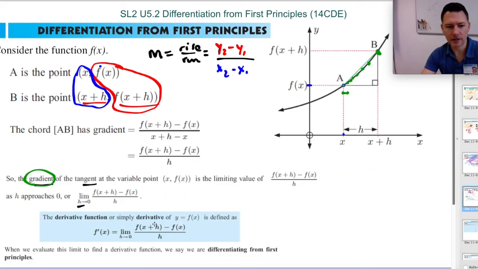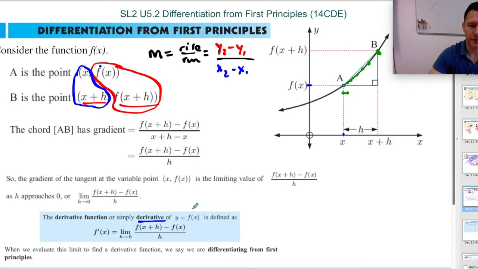So here's the long-winded version, or maybe the short-winded version. The derivative function, or just the derivative of a function, looks like this, right? And this is called working from first principles, which means I take the change in the y values divided by the change in the x values.